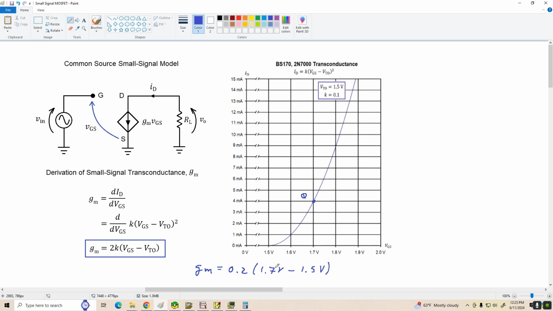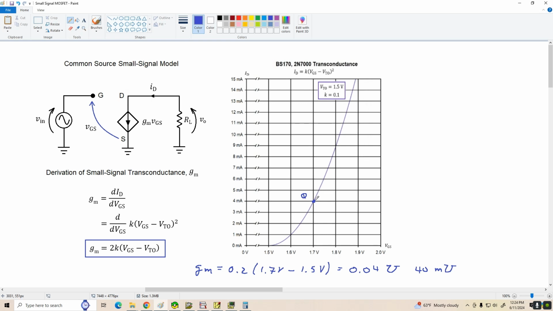And that gives us, let's see, 1.7 minus 1.5 is 0.2, times 0.2 is 0.04, and that would be either Siemens or mhos. And I prefer to use mhos because the upside down omega is much more distinctive looking. And we'd probably call this 40 millimhos. And there we go. There's our transconductance.